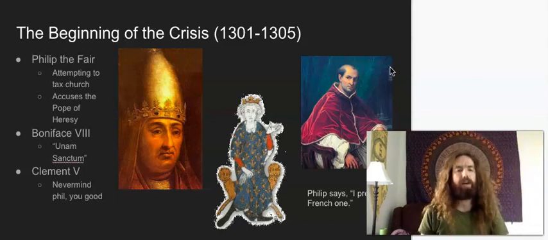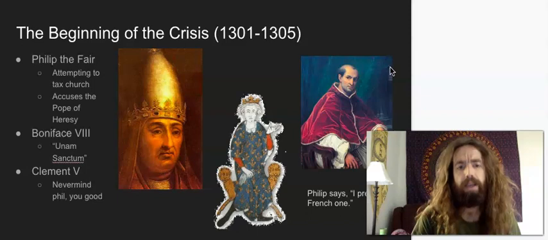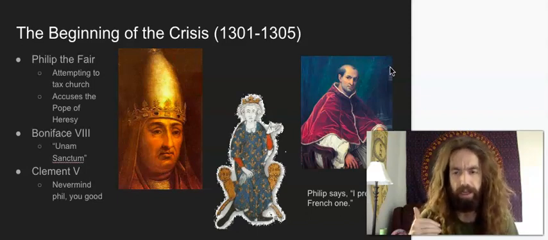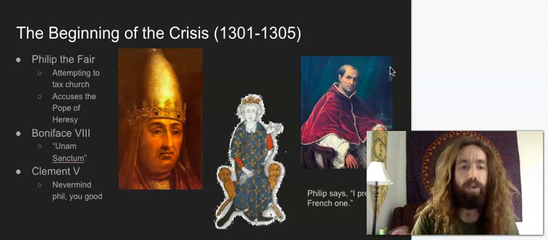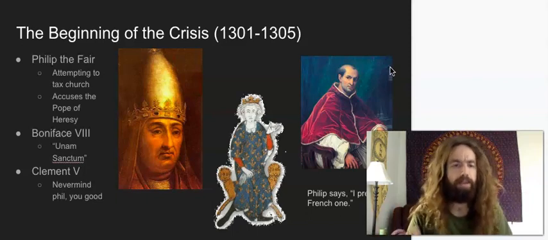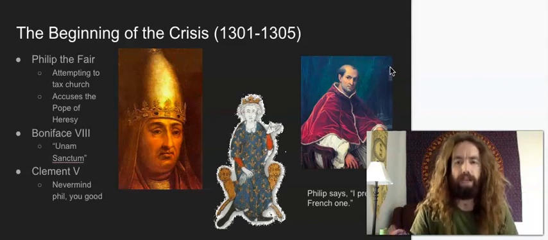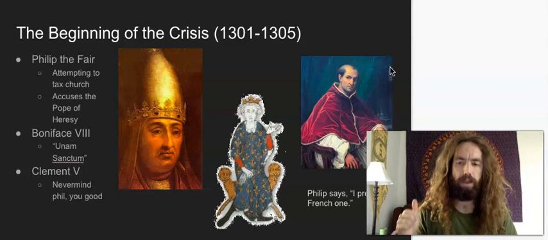And so the Pope, a guy named Boniface, issues one of the most famous papal bulls in European history, and that is Unam Sanctam. The papal bull of Unam Sanctam argues that the Pope is the supreme leader of Christendom, both spiritually and politically.